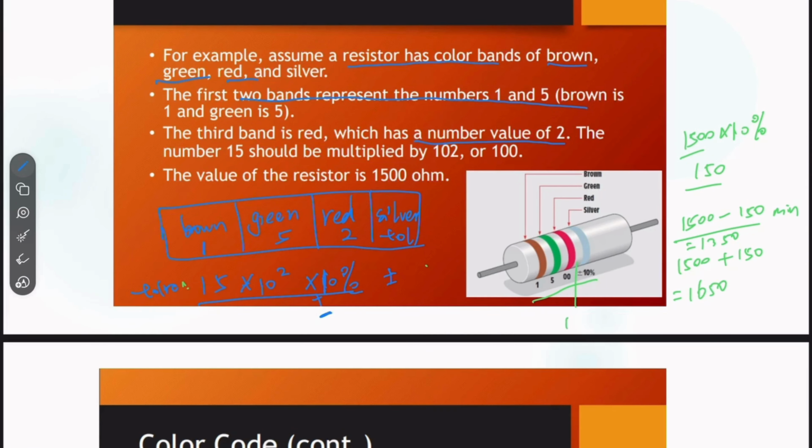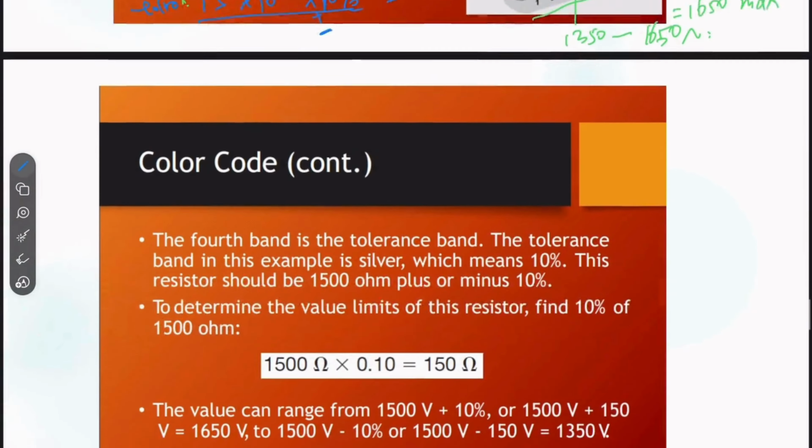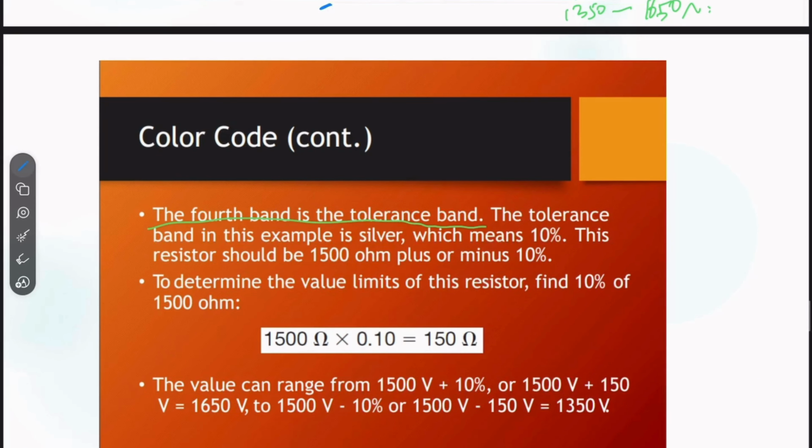So for this resistor, anything between 1350 and 1650 ohms is a reasonable value because it has a tolerance of silver, which is 10%. So this will be our maximum value, and this is the minimum value. The tolerance band in this example is silver, which means 10%. This resistor should be 1500 ohms plus or minus 10%.